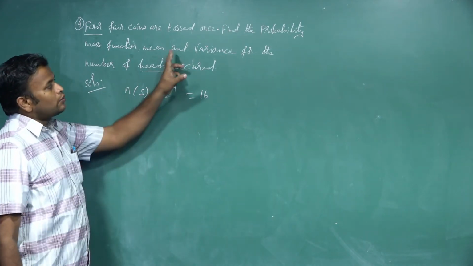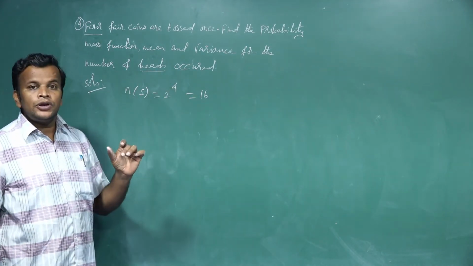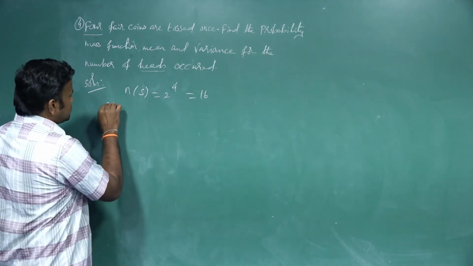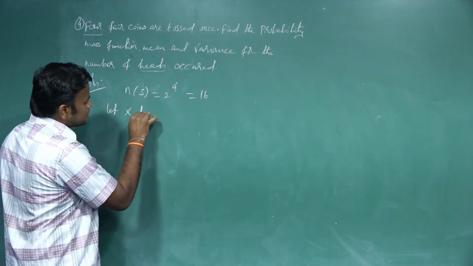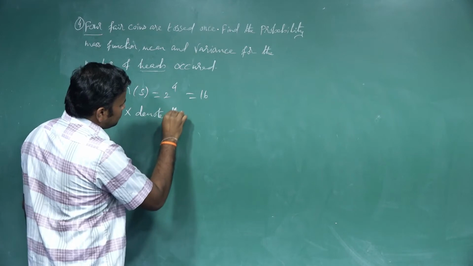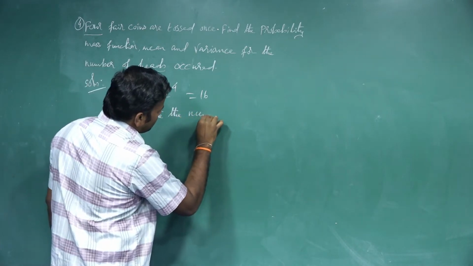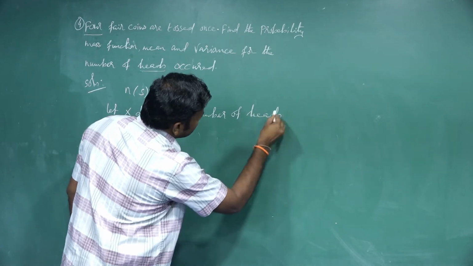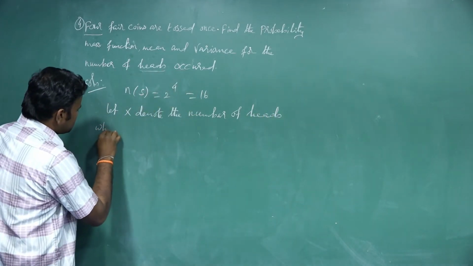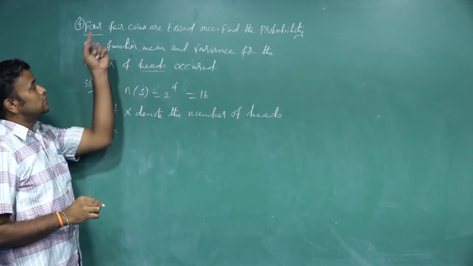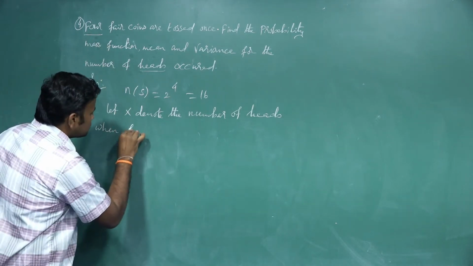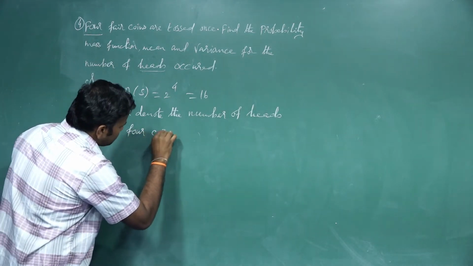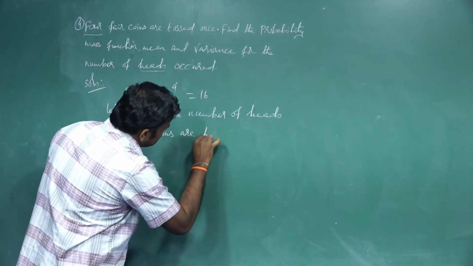Next, to find the probability means to find the random variable values. Let X denote the number of heads when 4 coins are tossed.